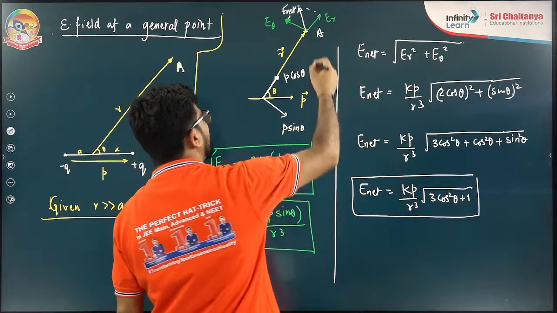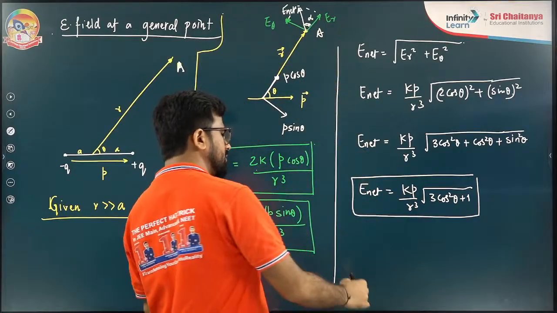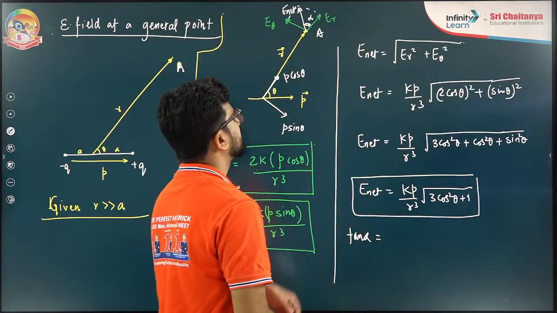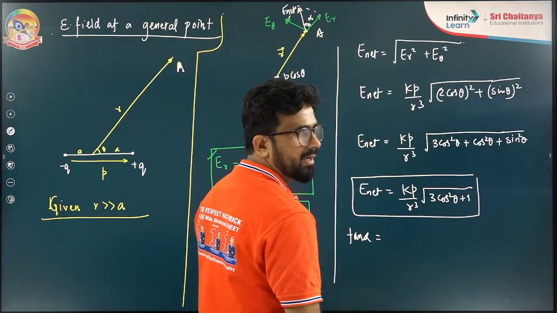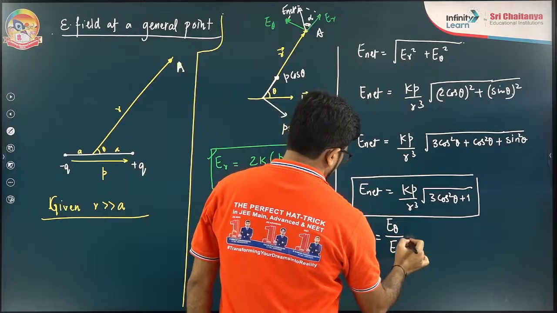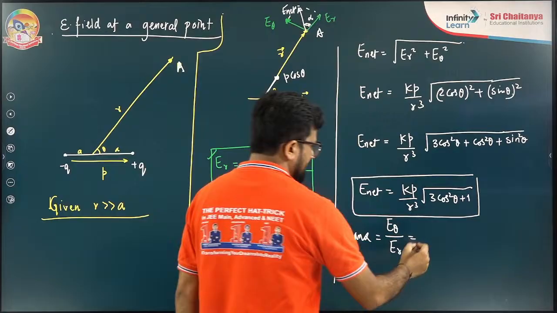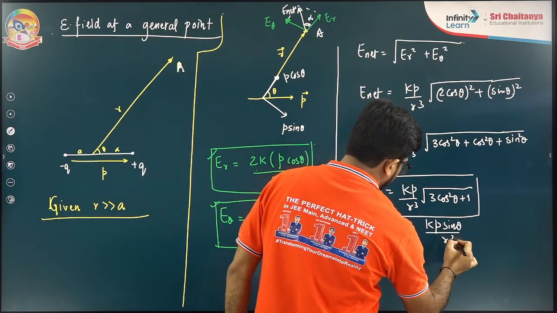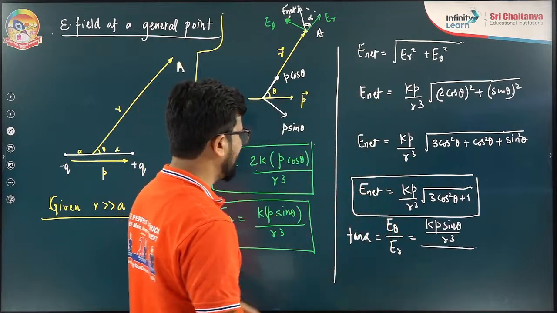And the last thing I am telling you here: this angle is alpha. Suppose I want to calculate this alpha also. What is tan alpha? Perpendicular upon base. Perpendicular is E theta and base is ER. So you can say tan alpha is E theta divided by ER. E theta we already know, Kp sin theta by R cube, upon ER, which is 2 Kp cos theta by R cube.